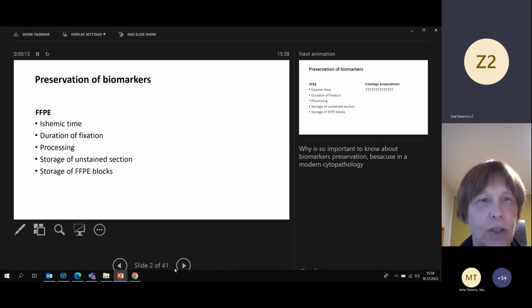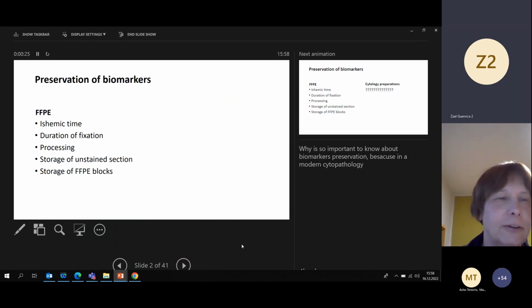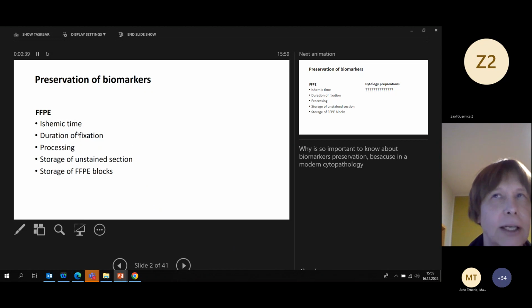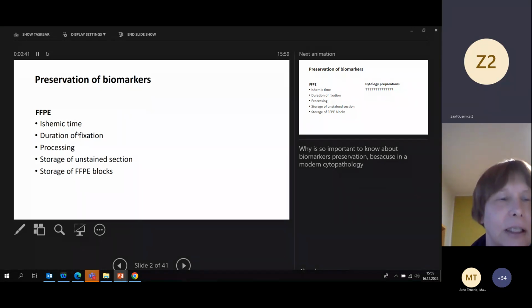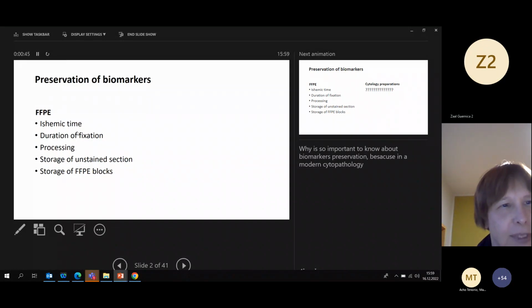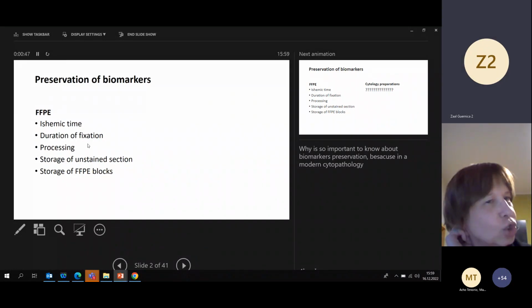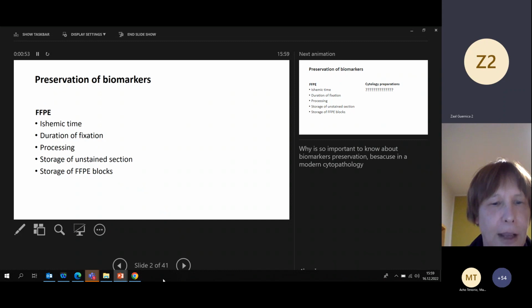I already heard some discussion about fixation, and actually there is a lot of information already on the impact of individual steps in paraffin-embedded tissue processing on biomarker preservation.